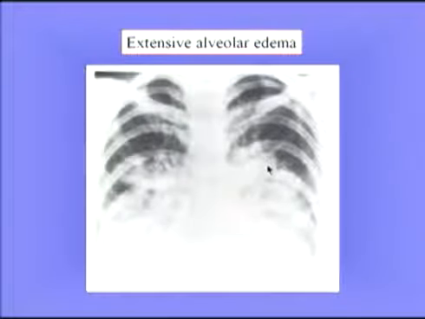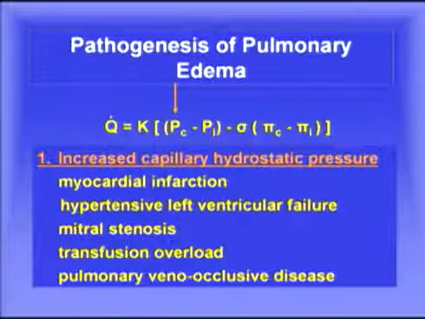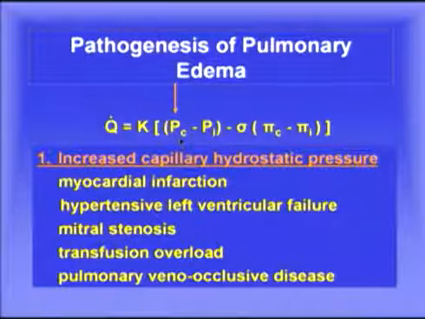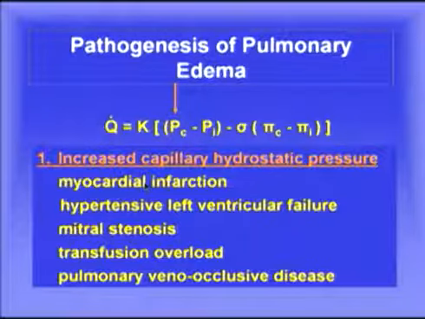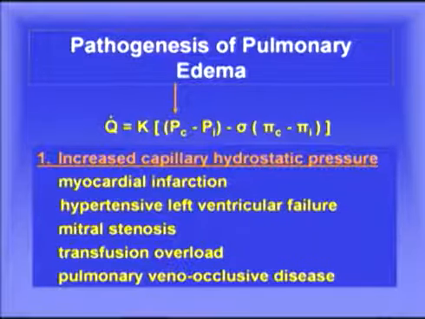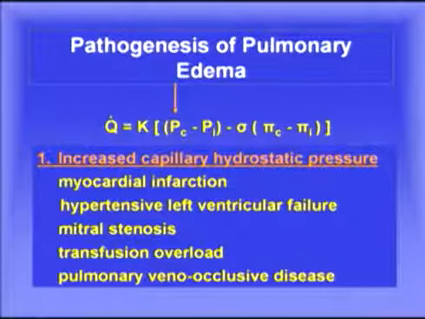Now let's talk about the pathogenesis of pulmonary edema, and I'm going to do that by using the Starling equilibrium. The commonest cause of pulmonary edema is an increase in pulmonary capillary pressure. An example of that would be myocardial infarction. With a heart attack, the left ventricle fails to pump the blood as it should.